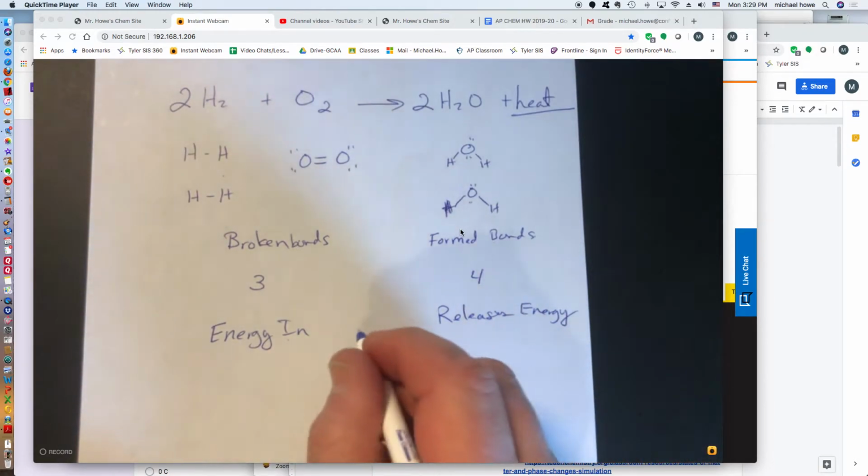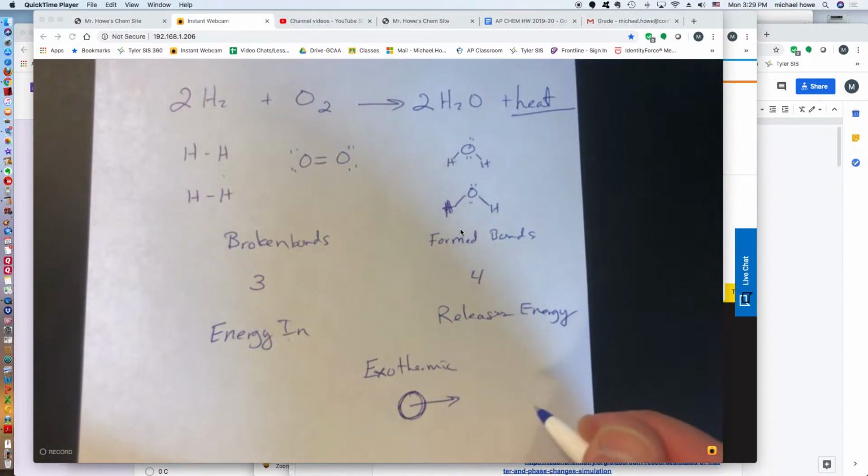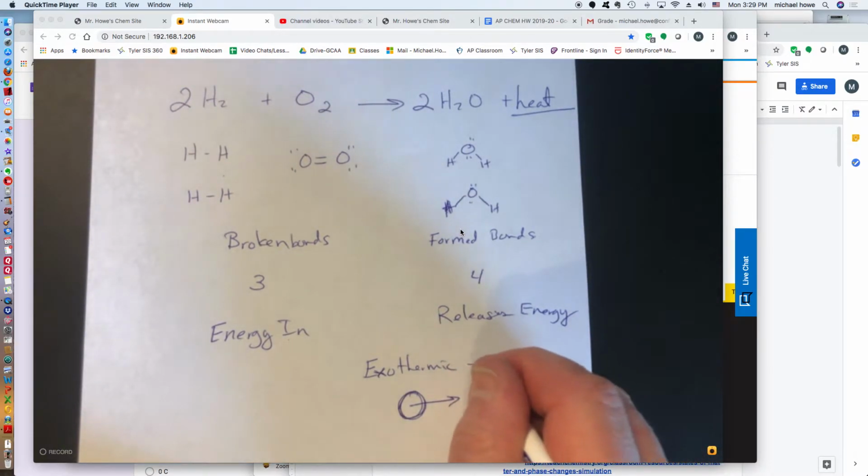So that means if you have a system here, a closed circle of stuff, and energy is released, energy flows out of that system. That's exothermic.